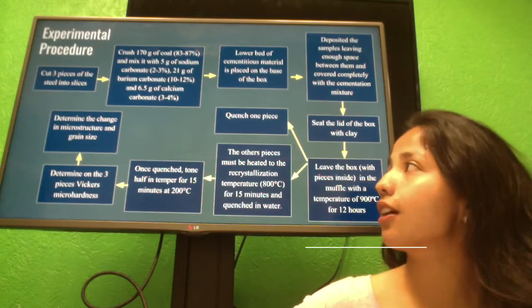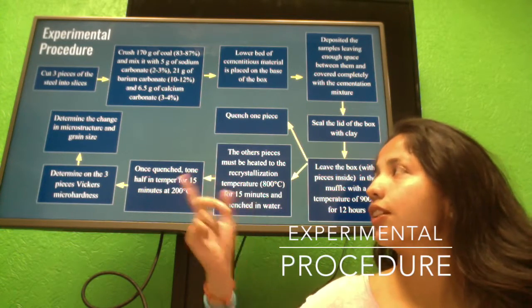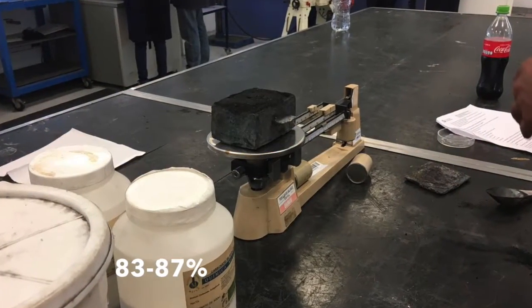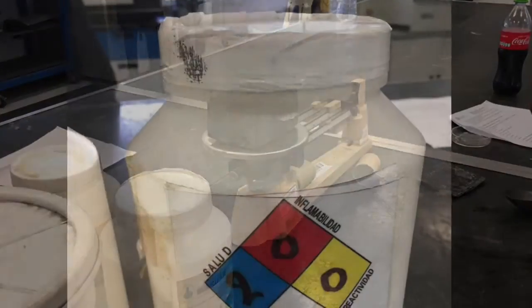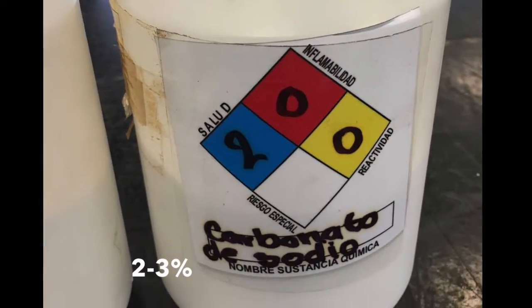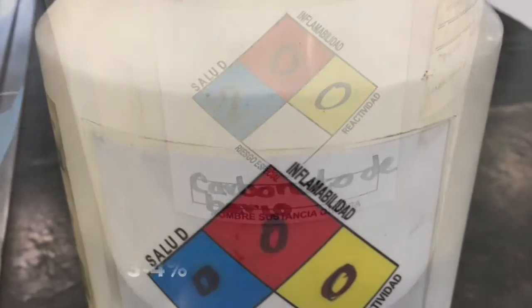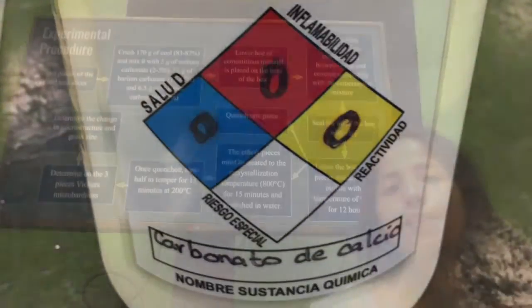First, we cut the 3 pieces of steel into slices, about 1 centimeter of thickness. Then we crushed 170 grams of coal, also 5 grams of sodium carbonate, 21 grams of barium carbonate, and 6.5 grams of calcium carbonate.